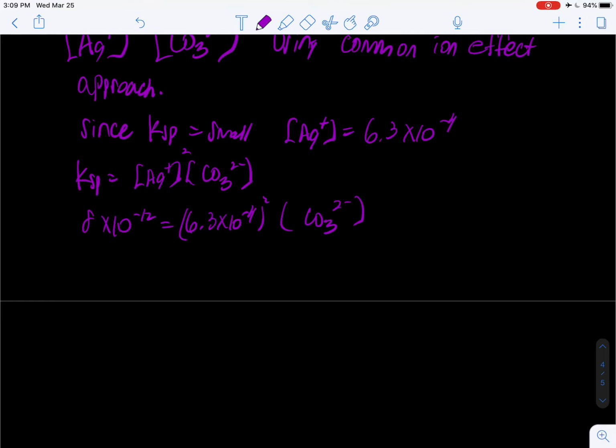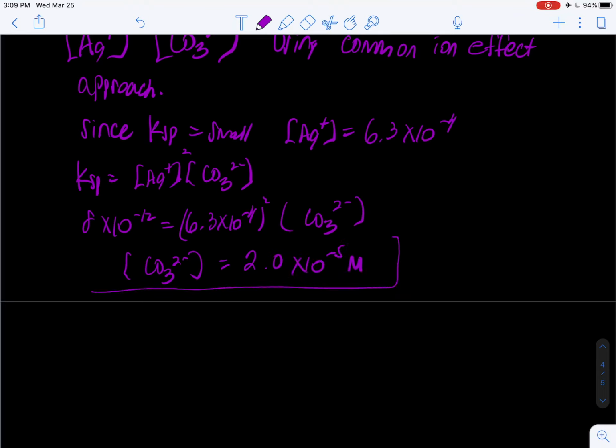Okay, and we solve for carbonate. And don't forget to square your terms, so I'll just do the arithmetic on a calculator. And I get the value of 2.0 times 10 to the minus 5th molar.